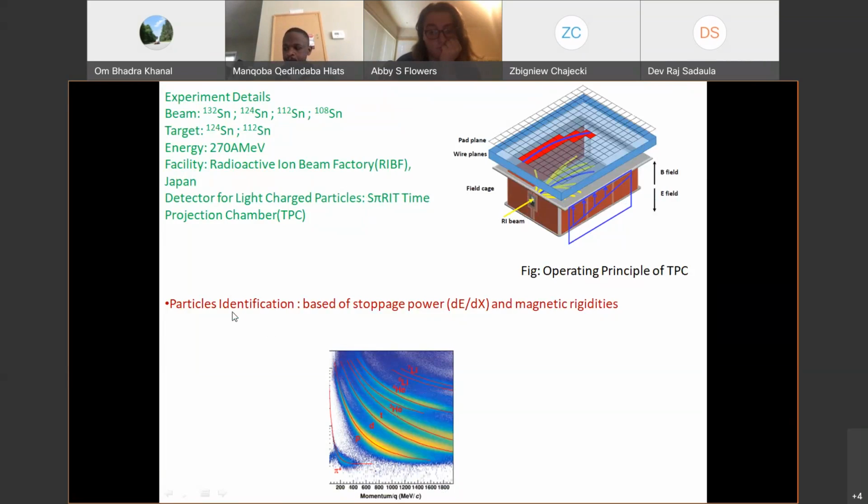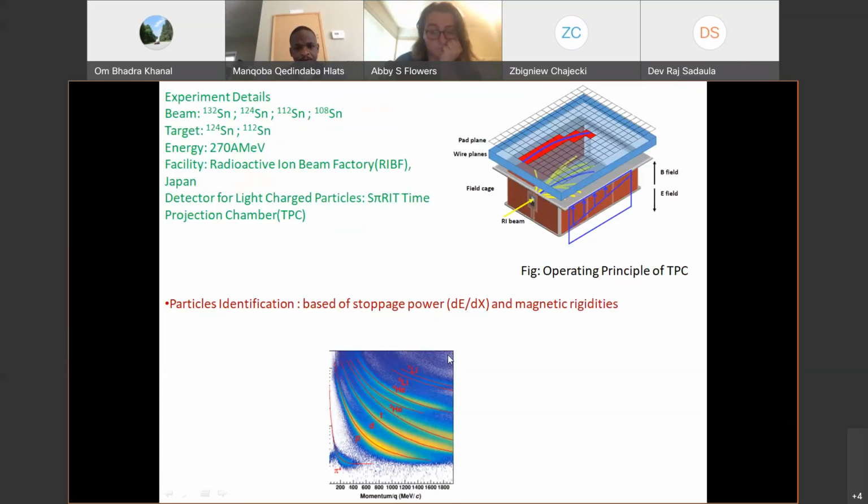The identification of particles takes place based on the stopping power, delta E over delta x, dE/dx. That means the energy depends on the stopping path, or how much it travels before it stops, and how much energy is emitted when the particles stop. The particle identification also depends on magnetic rigidity.